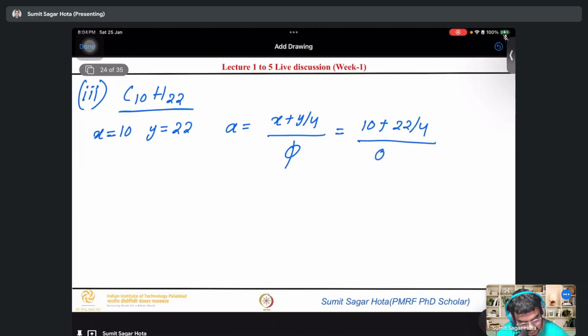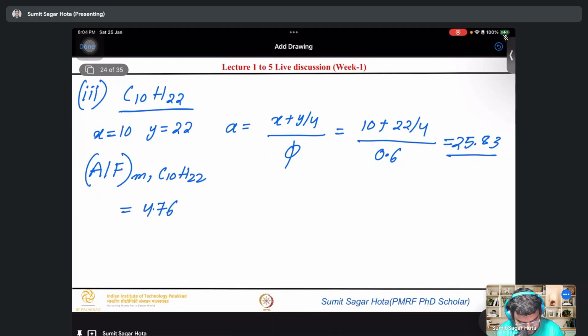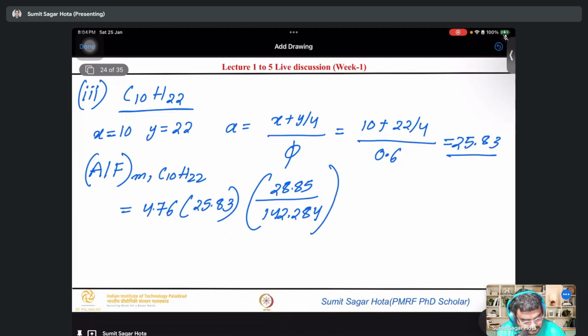Similarly, I found out for the decane, C10H22. The A value is 25.83.